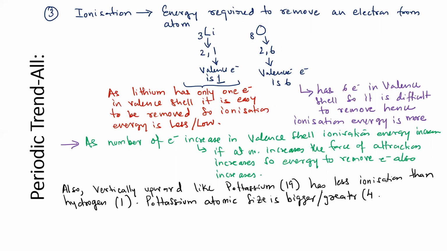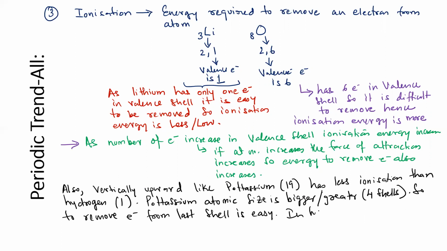Why greater? Because it has 4 shells. So to remove an electron from the last shell is easy.